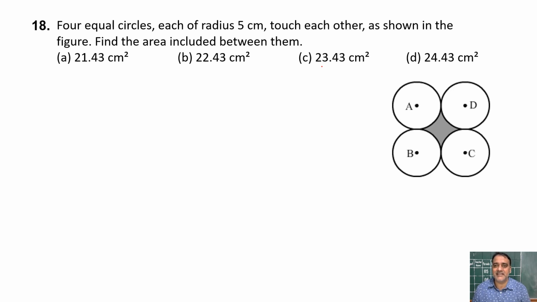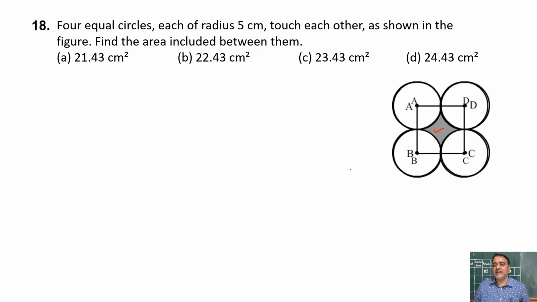4 equal circles, each of radii 5 centimeter, touch each other as shown in this figure. Find the area included between them. So it's a very similar question, but we need to complete the figure by joining A, B, C, D. When we join, we will get a square like this, and we have to find this area.